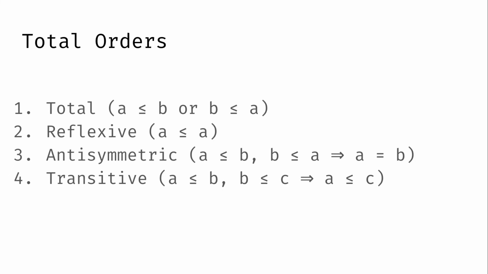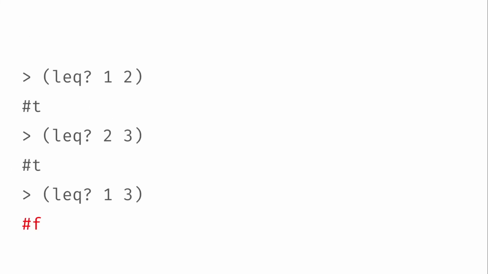Then you're talking about a property that relates those 2 calls together. As a quick example, if 1 is less than or equal to 2, and 2 is less than or equal to 3, by transitivity that should imply that 1 is less than or equal to 3. But if it's false, that's bad, and I should know that, and that should be a contract error if I enforce that this is a total order.